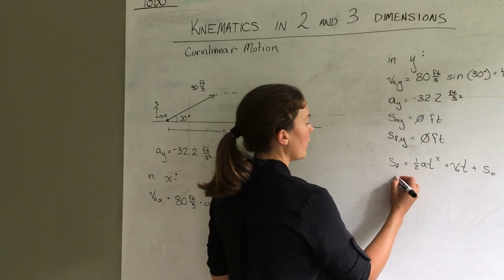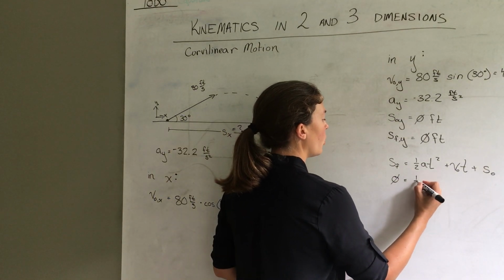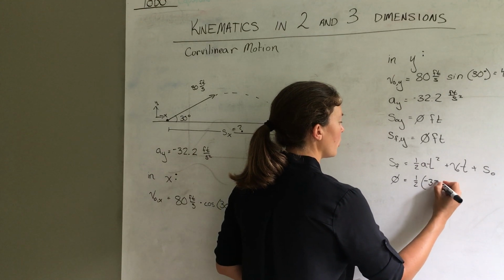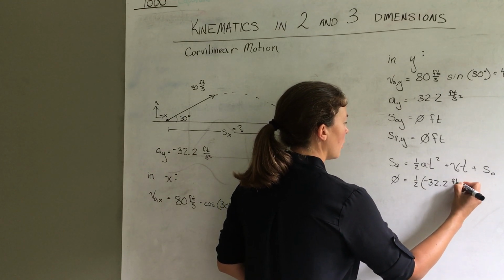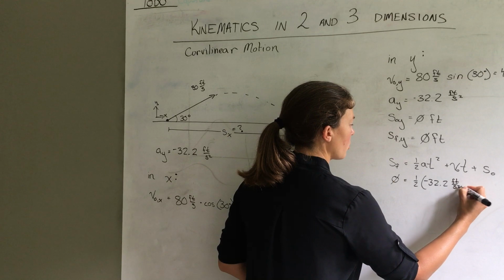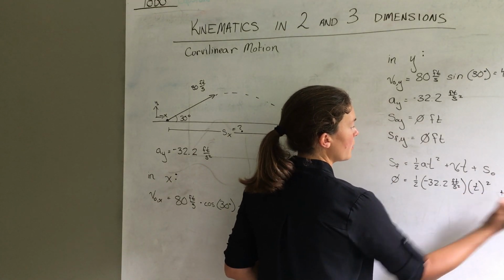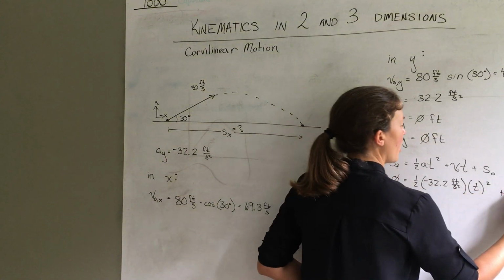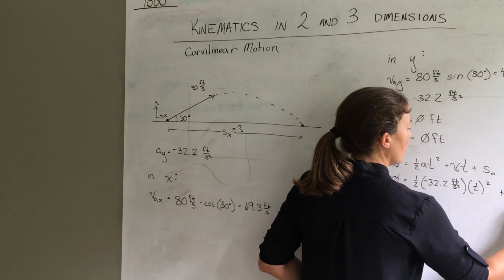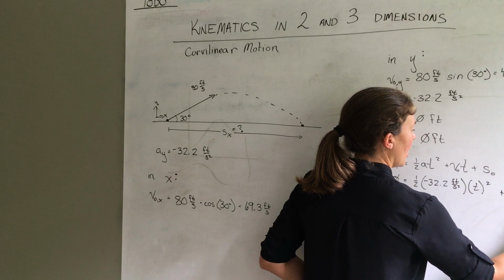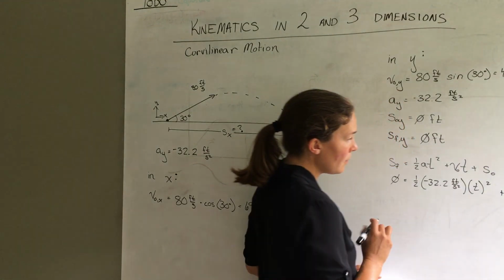If I plug that in, I have 0 equals 1/2 times negative 32.2 feet per second squared times my unknown time squared, plus my initial velocity in the y direction, 40 feet per second, times time, plus 0.